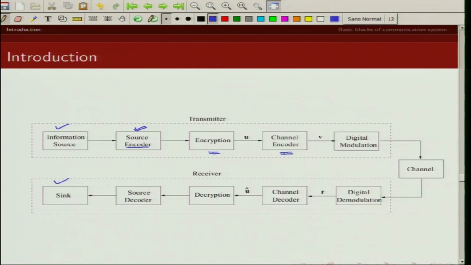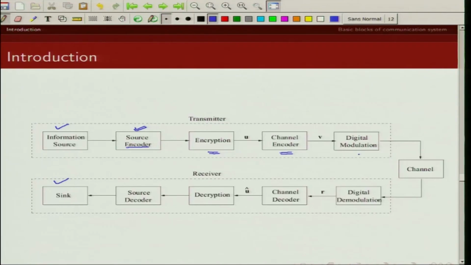The idea of the channel encoder is to introduce some redundancy in the source in a controlled fashion, so that with the help of those controlled redundant bits you should be able to detect or correct errors. After this channel encoder you have modulation.